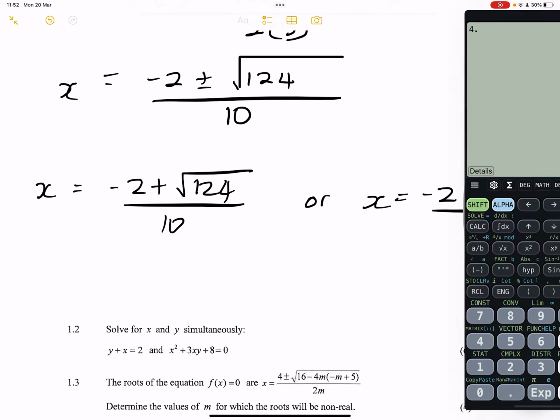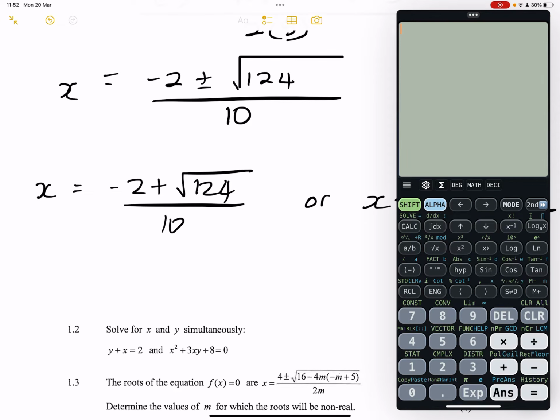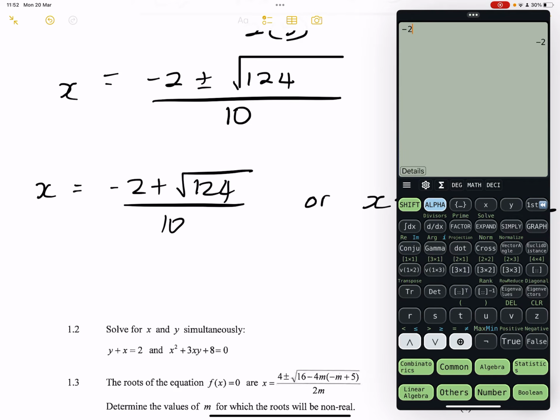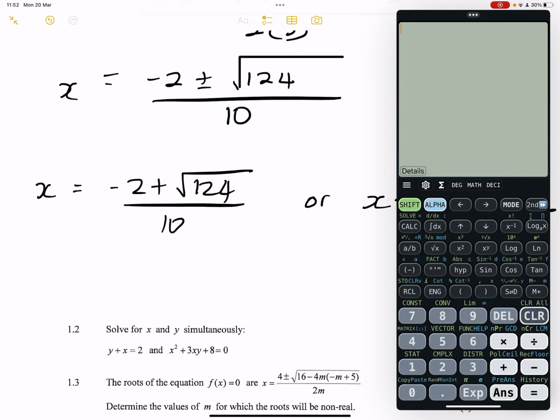Okay, right, and all you do in this case, just whip out your calculator. Let me just take the fraction, so we've got minus 2 plus the square root of 124 divided by 10. Okay, so I get a value of 0.91.